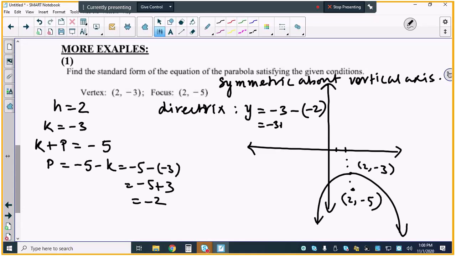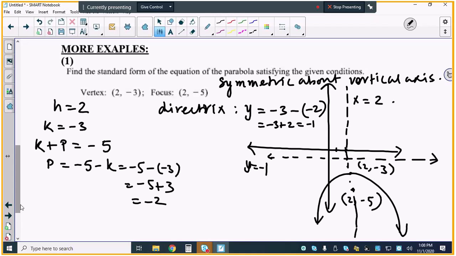So it's -3 plus 2, which is -1. So y equal to -1 is the directrix. Axis of symmetry is pretty simple. It's x equal to 2. So we have identified the parabola.